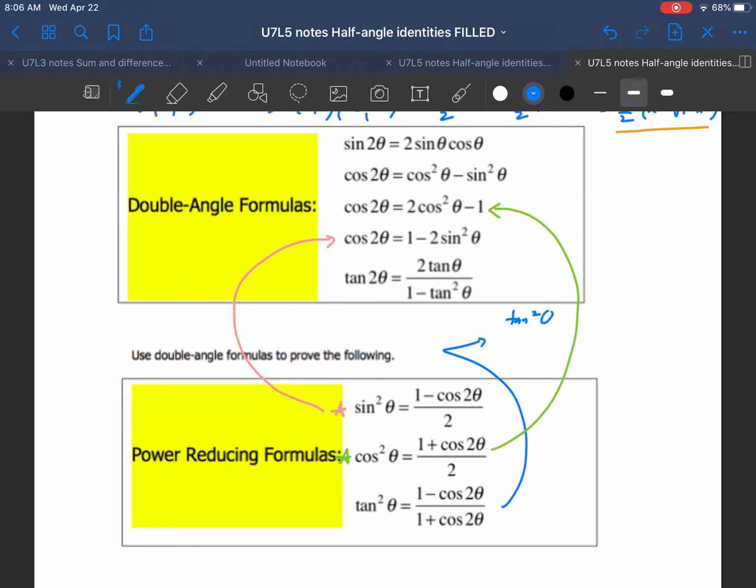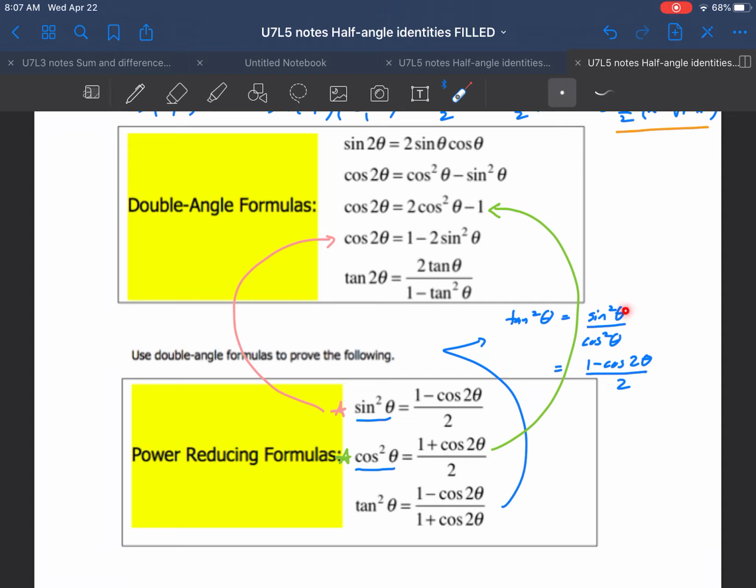But let's do this. Tan squared theta is really sine squared theta over cosine squared theta. Okay? And if we just take these two right here, well, that's going to equal 1 minus cosine 2 theta over 2, right?